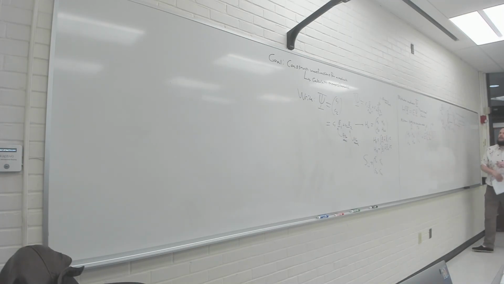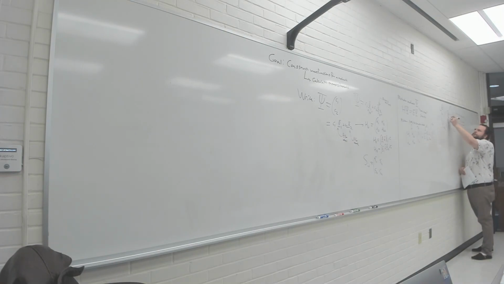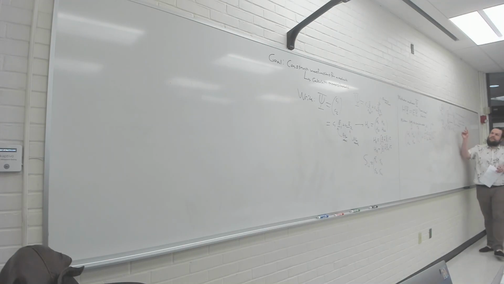Instead of A and B, I'm going to write 1 and 2, just to keep it consistent. So the way I'm going to represent this molecule is I'm going to add my two atomic orbitals together, the 1s orbitals that my system starts in.